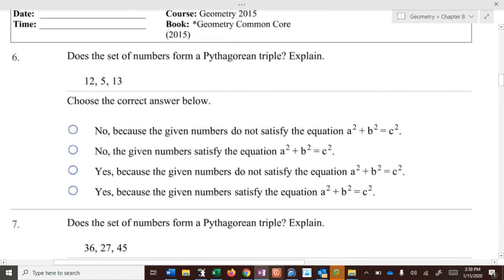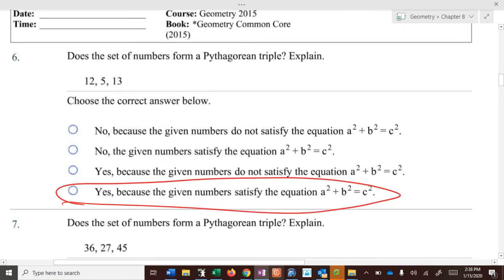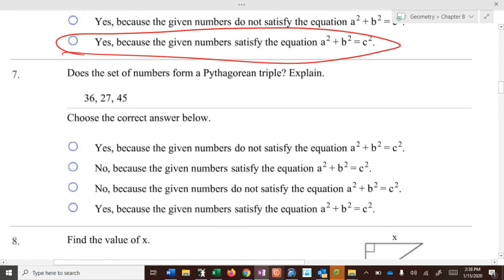Now, is 5, 12, 13 a Pythagorean triple? Yes, because it satisfies a squared plus b squared equals c squared. Is this a Pythagorean triple? It could be. It's hard to tell, so if we don't know, we say 45 squared, compare it to 27 squared plus 36 squared. Okay, what's 45 squared?